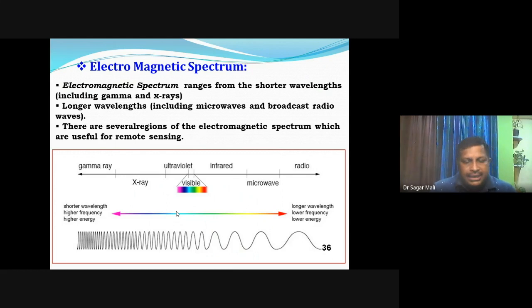After that are the gamma rays and X-rays. They have a very small wavelength and the frequency is very high, and that's why they are reflected or absorbed somewhere in space before entering the Earth's atmosphere. But the ultraviolet radiations reach the Earth's atmosphere.